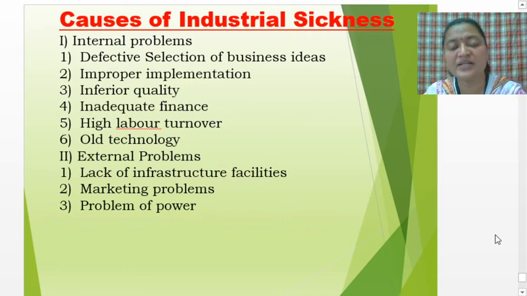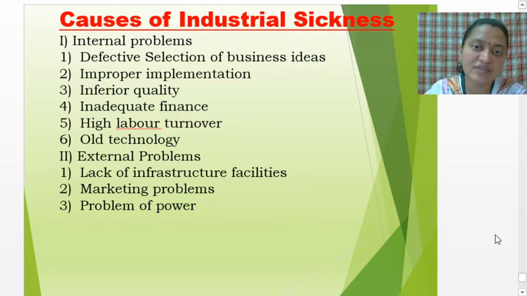The next one is external problems. What we studied so far were the internal problems. Now let us understand the external problems. First one is lack of infrastructural facilities. Suppose proper infrastructural facilities are not provided to the employees. What do we mean by infrastructural facilities?